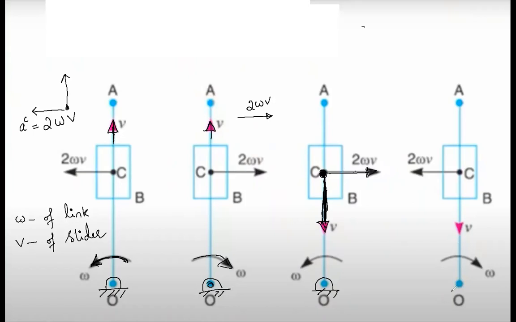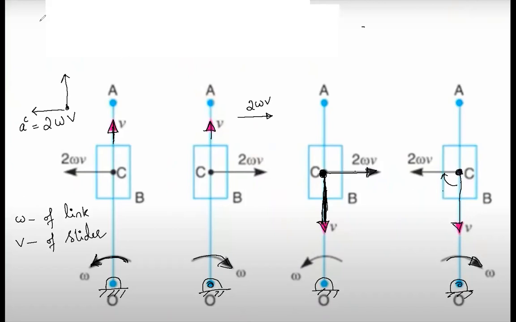And come here, assuming still the rotation about O, the link is rotating clockwise and the slider is moving down. Then rotate this velocity component clockwise with this as center, for 90 degrees. Then you will get 2 times omega into V, right?